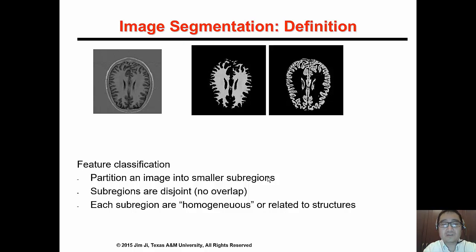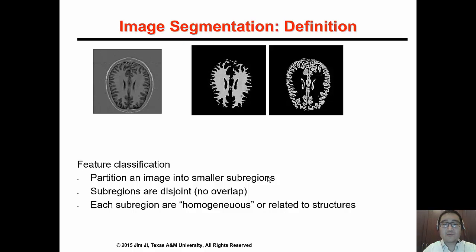I just separate the white matter in the middle and the gray matter on the right. Those subregions usually do not overlap with each other, and there are certain common features that make the region homogeneous, so you can differentiate one region from the other.